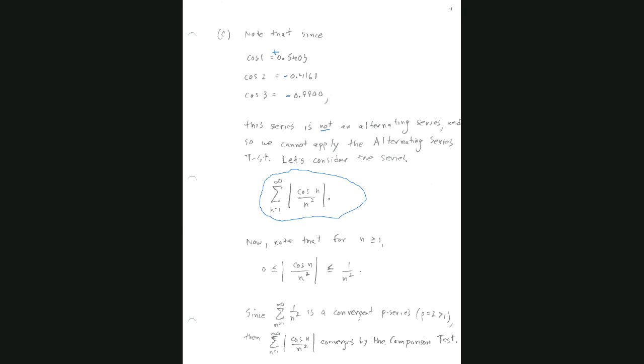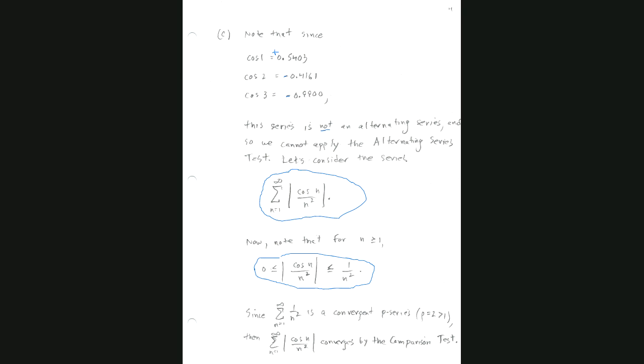So this inequality is definitely true. And notice that the terms are always greater than or equal to 0, so we can apply the comparison test, and we're going to do that.